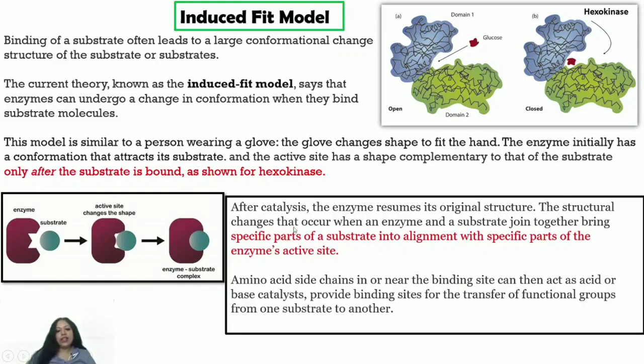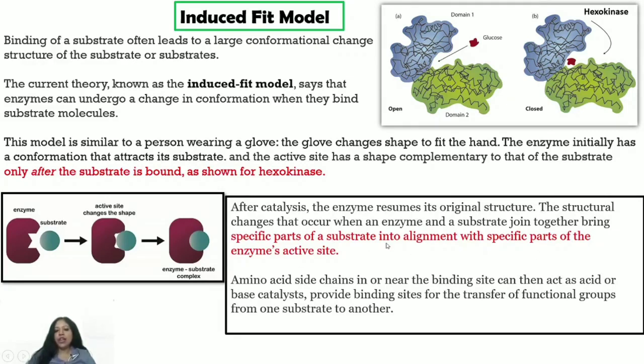The structural changes that occur when an enzyme and substrate join together bring specific parts of a substrate molecule into alignment with specific parts of the enzyme's active site. Correct? Not all groups of the substrate react with all groups of the active site.